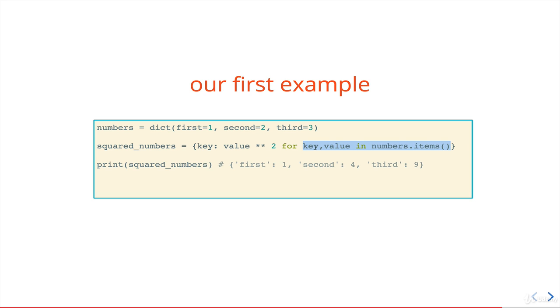We're going to take the key and just keep it the same. So each of the keys in this new dictionary starts with first, second, and third, just like before. But value, we're going to square, multiply by itself. So we end up with 1 times 1, which is 1, 2 times 2, which is 4, and 3 times 3, which is 9.